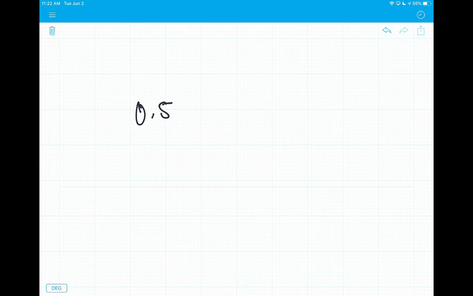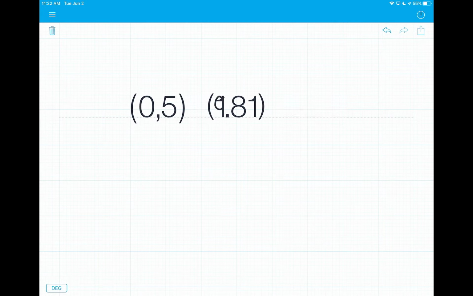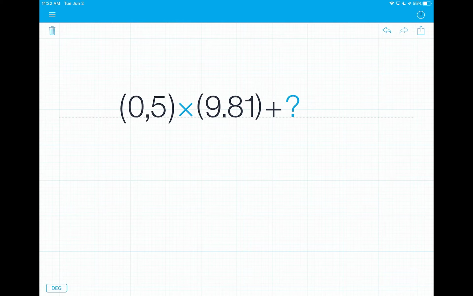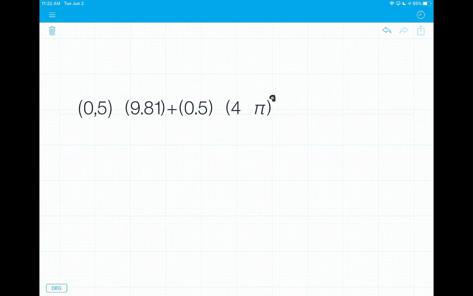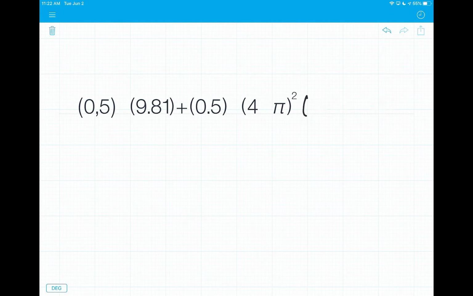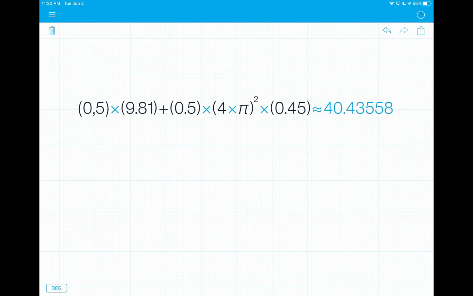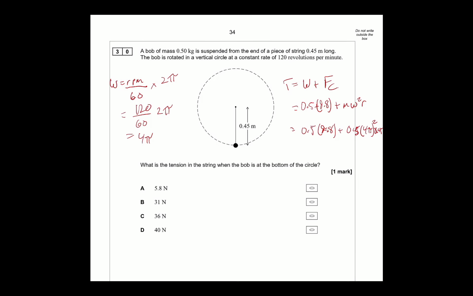Okay, 0.5 times 9.81 plus 0.5 times 4 pi squared times 0.45, that's 40 newtons, D.